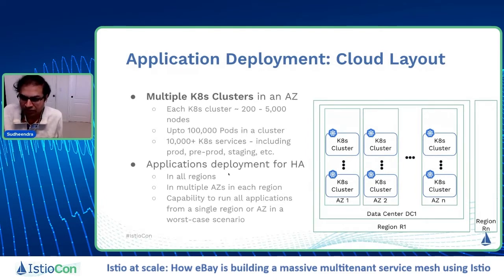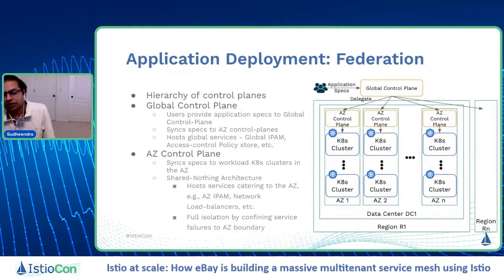So in a worst case scenario, even if n-1 regions fail, we want to be able to run the entire site from the nth, the last region. That's our aspiration.